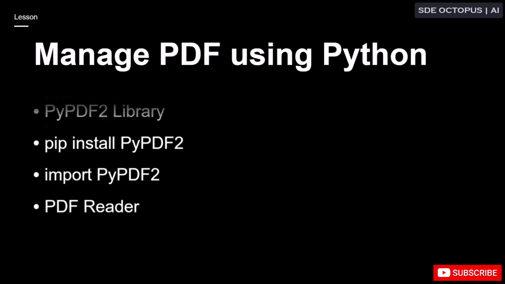You can create a PDF reader program using this library simply using Python. In the next lesson, I will show you how to read PDF files using this library. So we have a lot to cover in this section for this library called PyPDF2. Let's move on to talk about this library practically. Let's see this in action.